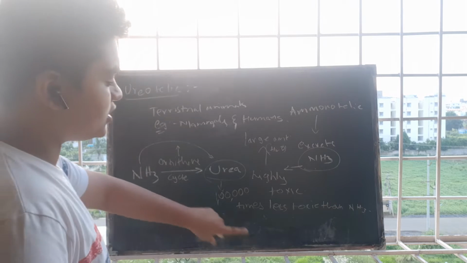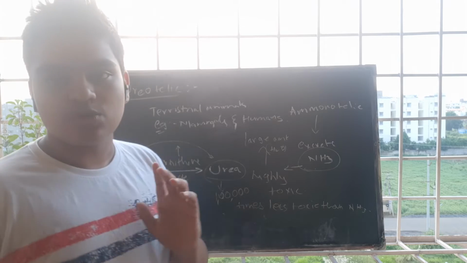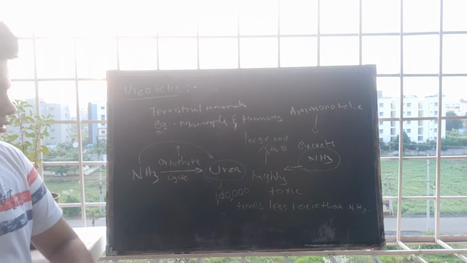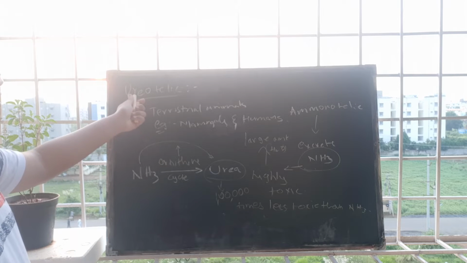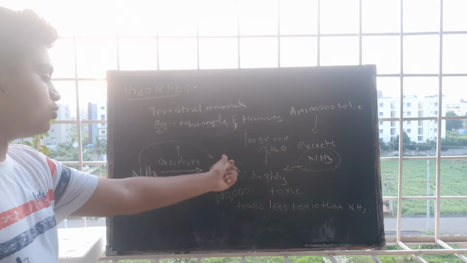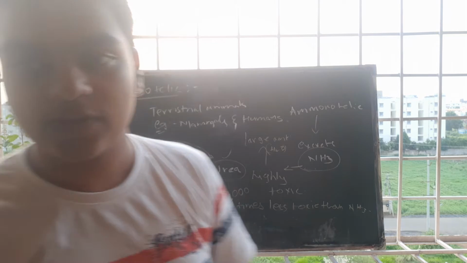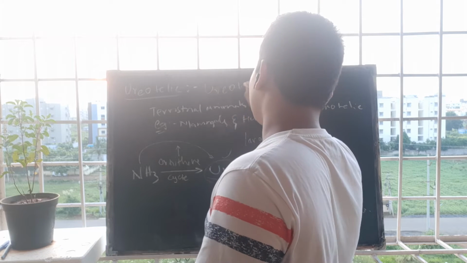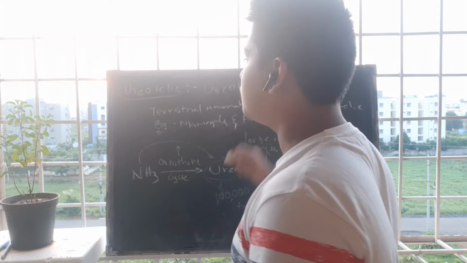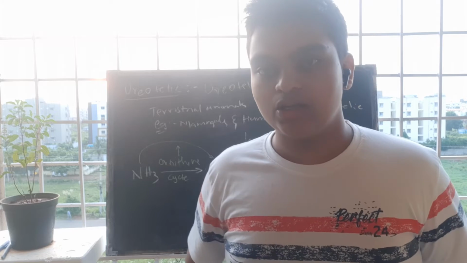Remember, urea is 1 lakh times less toxic than ammonia, and urea also requires less water for its excretion than ammonia. So we call these animals which excrete urea as their excretory product ureotelic animals, and this process of excretion of urea is called ureotelism.